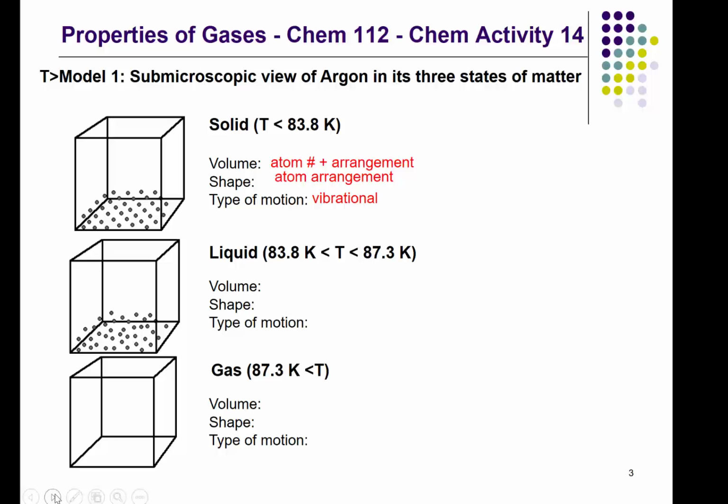If we increase the temperature, however, to around 83.8 Kelvin, up to about 87.3 Kelvin, argon is in the liquid state. So picture that all of those round balls represented in the diagram are now flowing over one another. So there's still the vibrational motion, but now there's a flowing motion. It is true that the volume of a liquid is still defined by the atom number and the arrangement of those atoms.